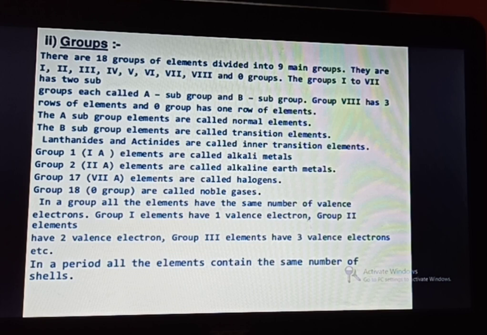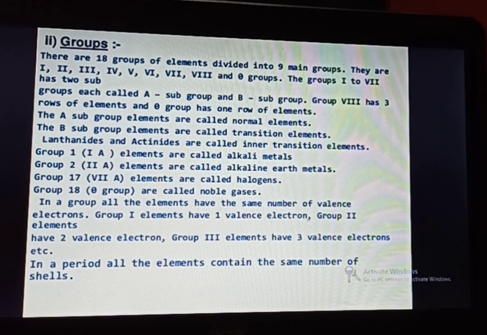The group 8 has 3 rows of elements and 0 group has 1 row of elements. The A subgroup elements are called normal elements and the B subgroup elements are called transition elements. Lanthanides and actinides are inner transition elements.